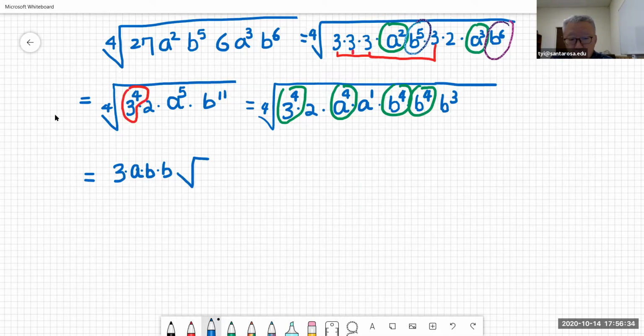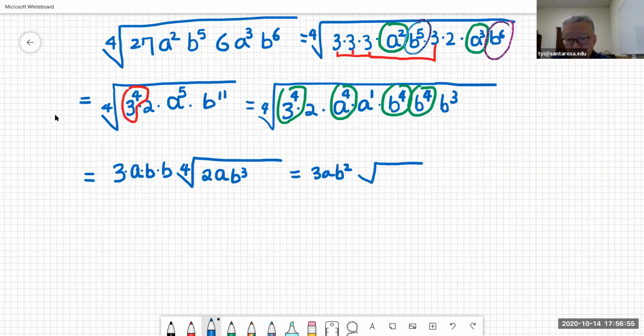And the cube fourth root, you got 2, then a, and b cubed. So that simply gives us what? 3 a b squared.